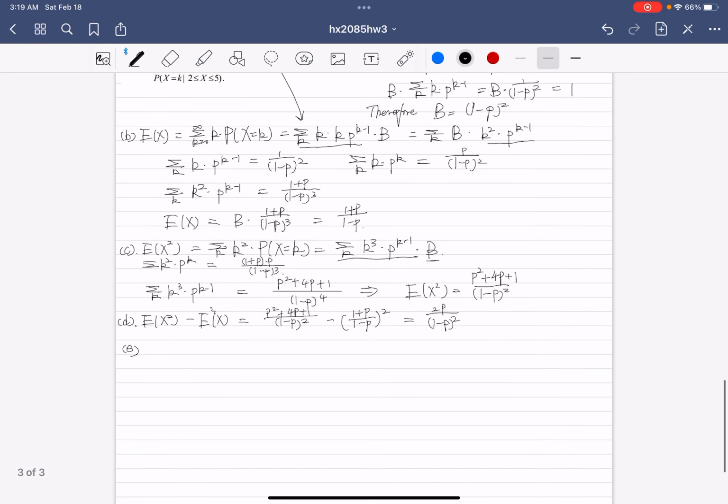With p equals 1 over 3, b, which is 1 minus p squared, I made a mistake. It is 1 minus p squared, which is 4 over 9.